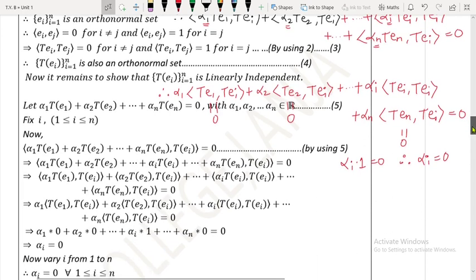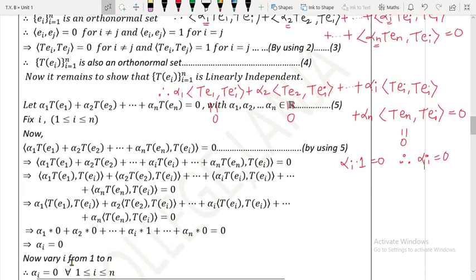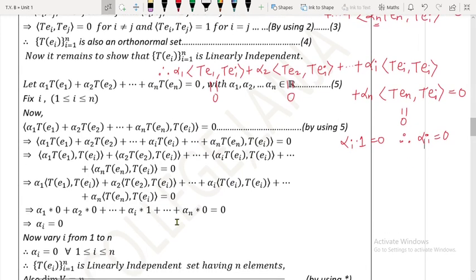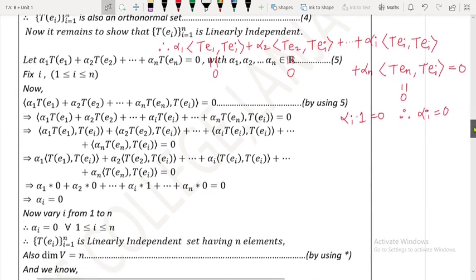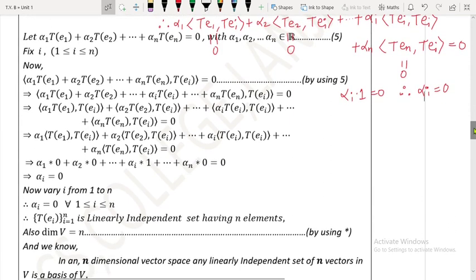Now the same process can be repeated for every i varying from 1 to n, and therefore alpha i will be equal to 0 for all i varying from 1 to n, and therefore this set will be linearly independent. Now since this set is linearly independent, and it is having how many vectors? n vectors. So by that theorem we can say that this set is nothing but what? Basis. So that is what I have said here.